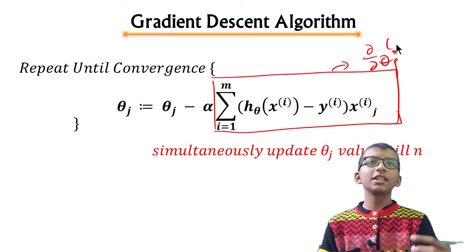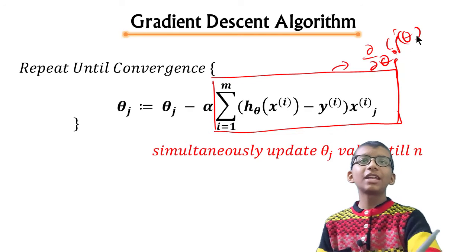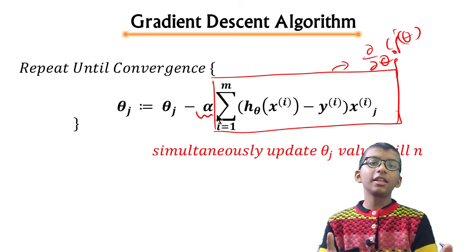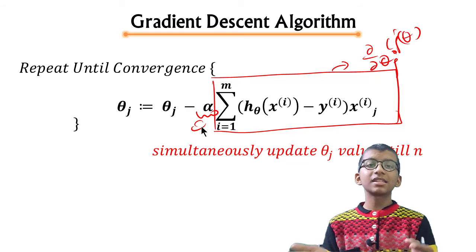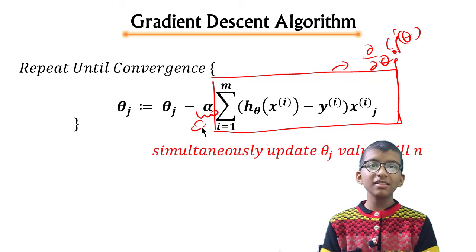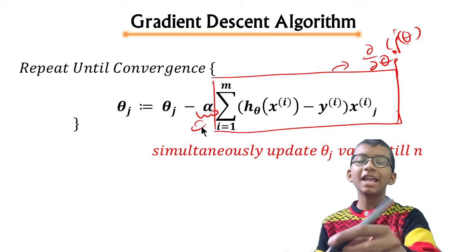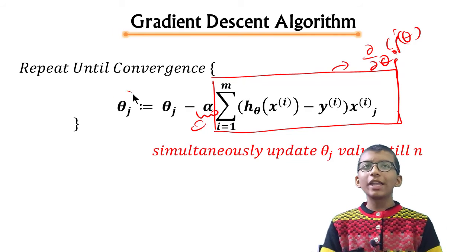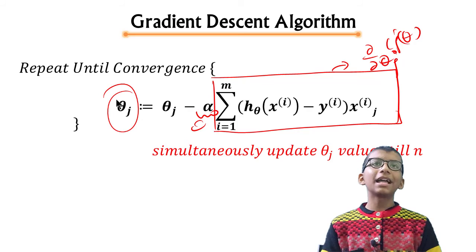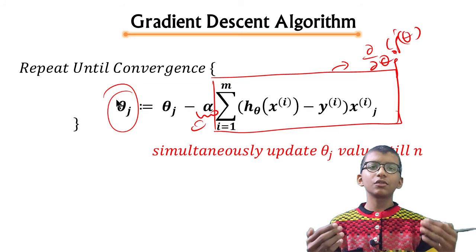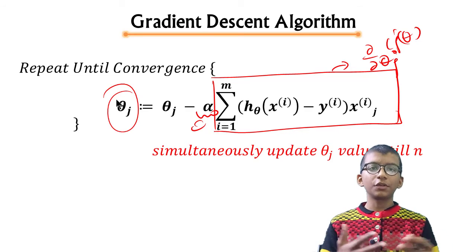And we have our learning rate alpha, which is the step size taken by gradient descent, called the learning rate, and we have to simultaneously update our theta parameters theta j. This is the final algorithm that we can get, and it is pretty much similar to linear regression gradient descent, so I think this should not confuse you.